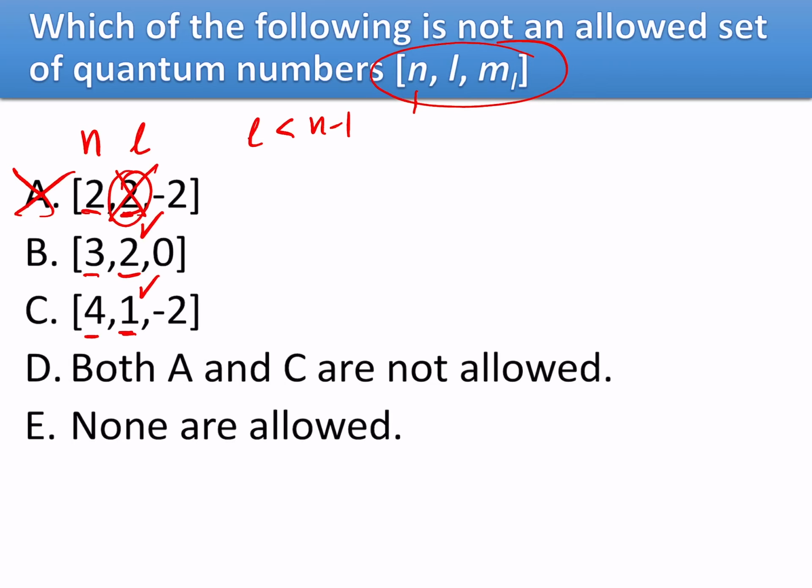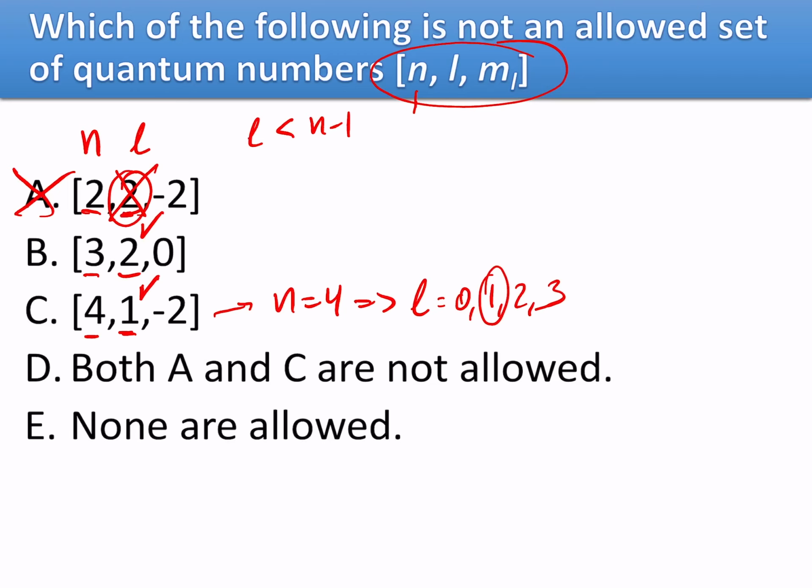Okay, remember the values of L can be 0; in this particular case, if n equals 4, then L can be 0, 1, 2, and 3. So since we have 1 here, then this value checks. Okay, it's allowed. So far B and C, no problem with that. Okay, they are allowed sets of quantum numbers.